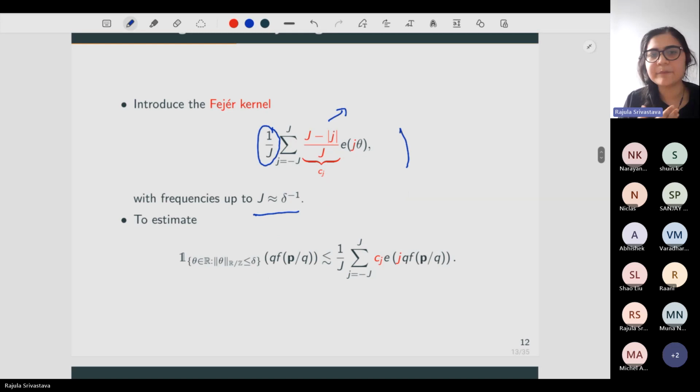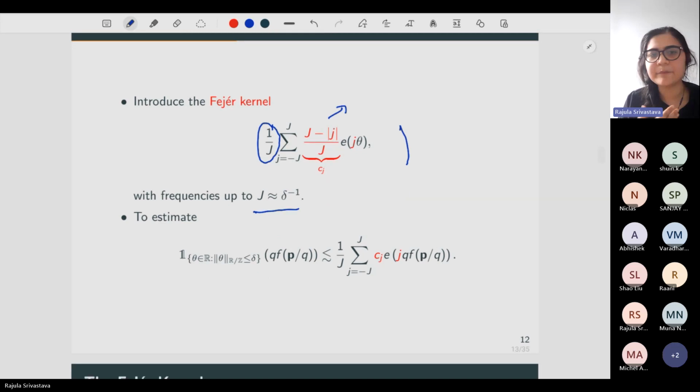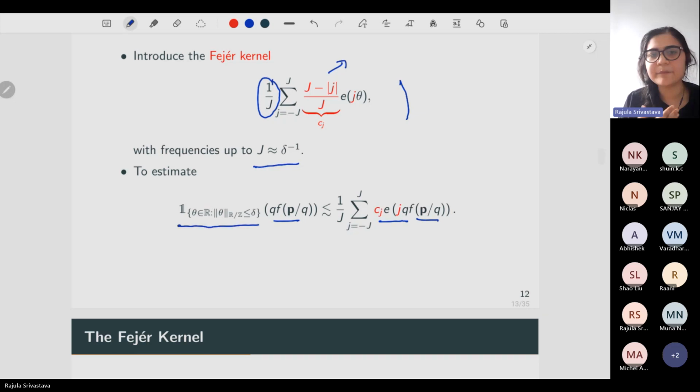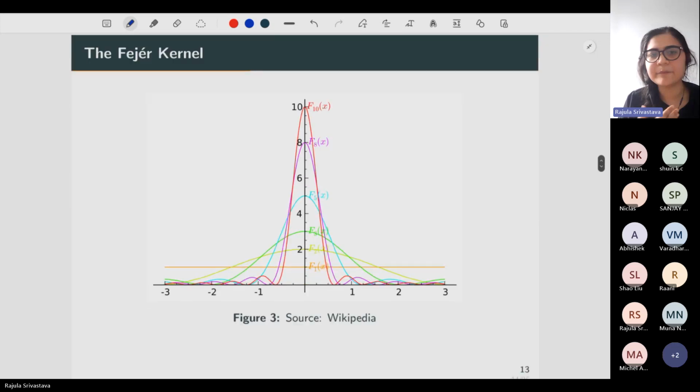Right. So you have this Fejér kernel and the sum of exponentials. This is an exponential sum, and using this uncertainty principle idea, and I'll show you a picture in just a bit which hopefully makes things clearer, you can dominate this characteristic function by this exponential sum, going up to frequencies big J. Big J is like delta inverse. And this is your argument, q times f of p over q over here. The picture that you should have in mind is something like this.